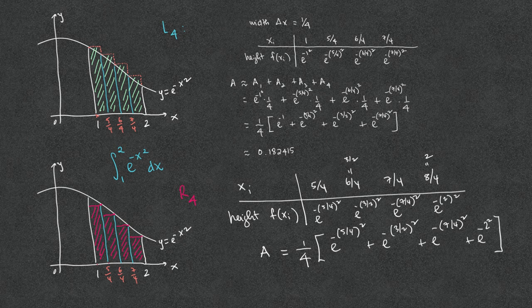Notice that even though we add the heights, these heights multiply the width, that's why we would end up with the area. This would give us approximately 0.09502, rounded to 4 decimal places.